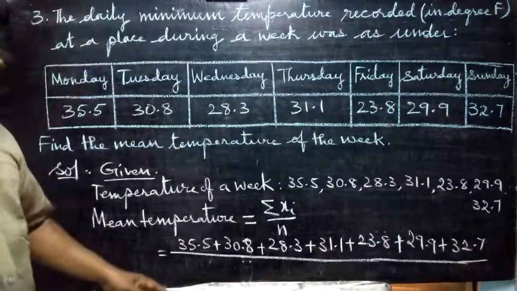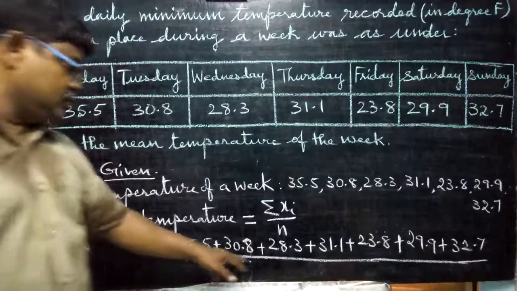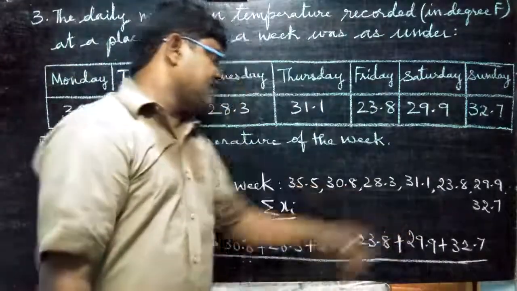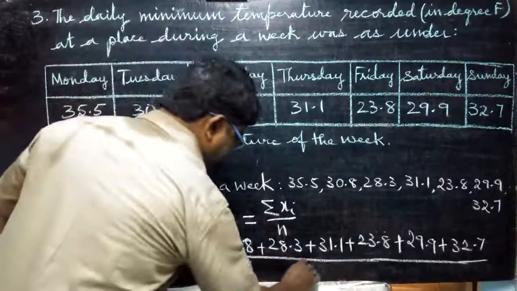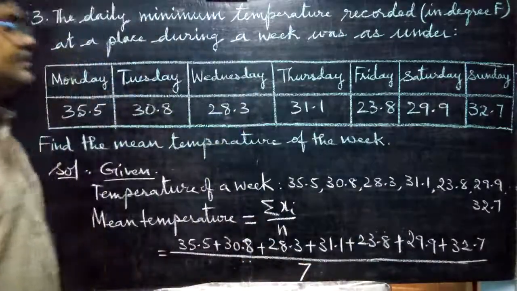How many, 7 days are there in a week? 1, 2, 3, 4, 5, 6, 7. So divide by 7.